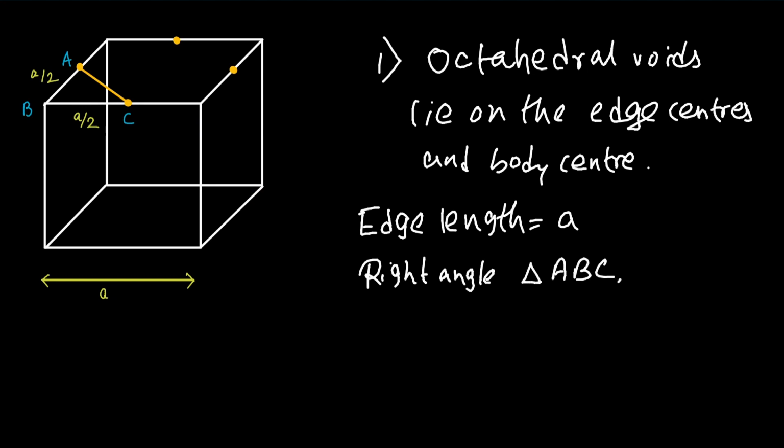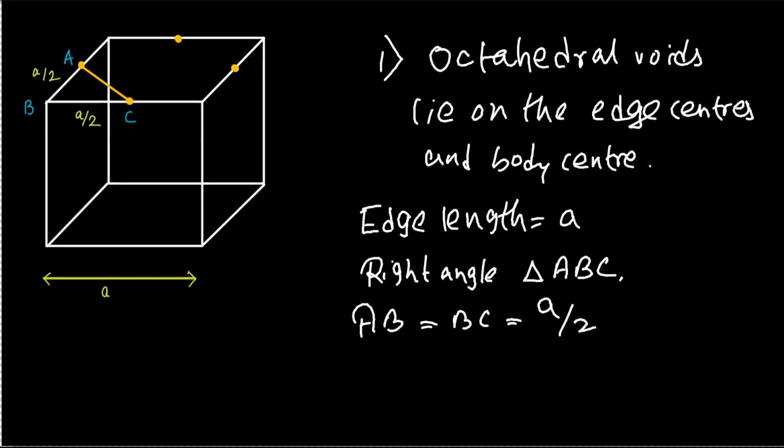And the length of AB is equal to the length of BC, equal to how much? It will be a by 2. Why? Because the entire length is a, and if an octahedral void is present exactly at the middle point, its length will automatically be reduced to half. So BC equals AB equals a by 2.